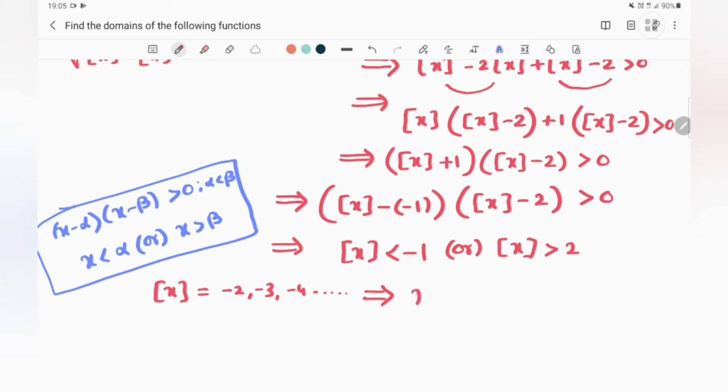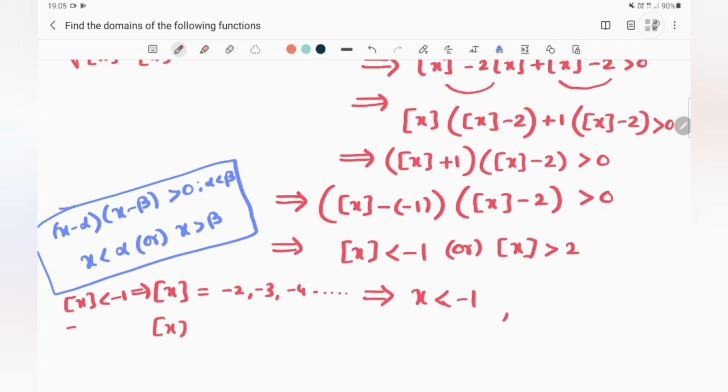It means the values of x should be less than minus 1. If you take x greater than minus 1, the values will reach minus 3, minus 4, that's all. So, the values of x should be less than minus 1.